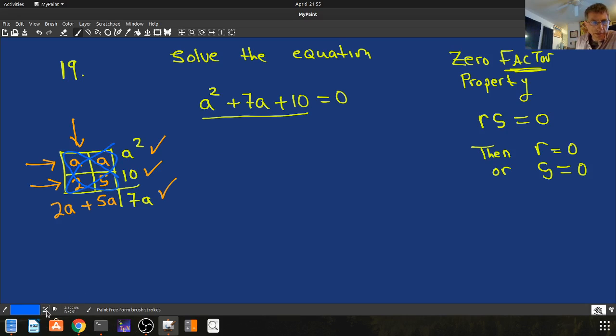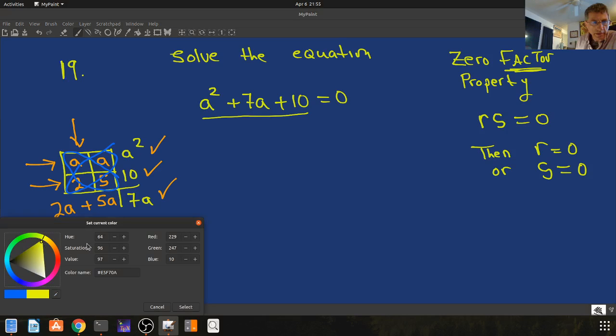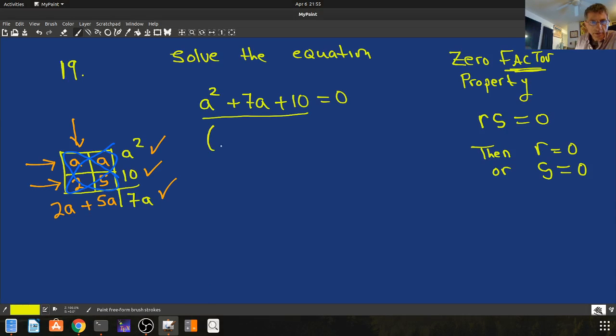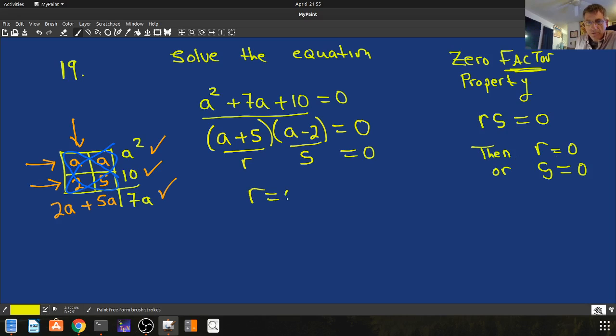So this becomes a plus 5 times a minus 2 is equal to 0. So let's look at our property. If I let this be R and this be S, then I have R times S is equal to 0. So the property says either R is equal to 0 or S is equal to 0.